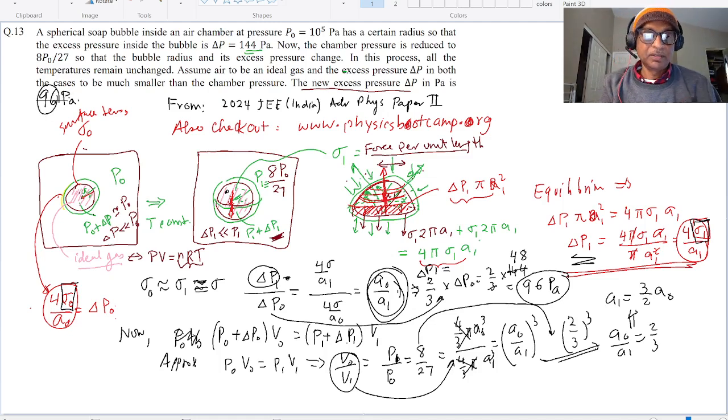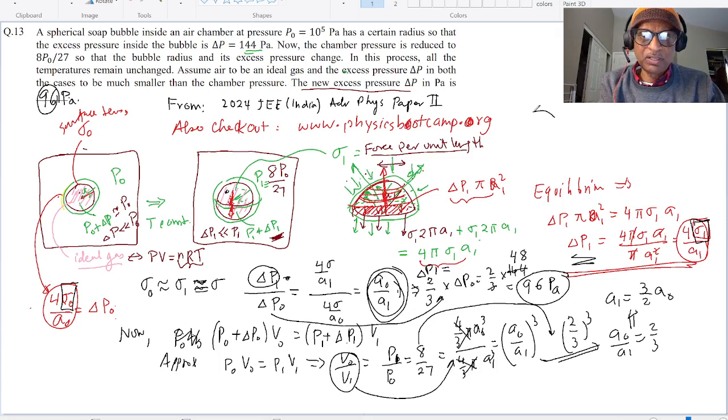Well, it was a pretty interesting problem. You get to actually learn about the two sides of a bubble, and that's why you need 4 sigma 1 over a1.